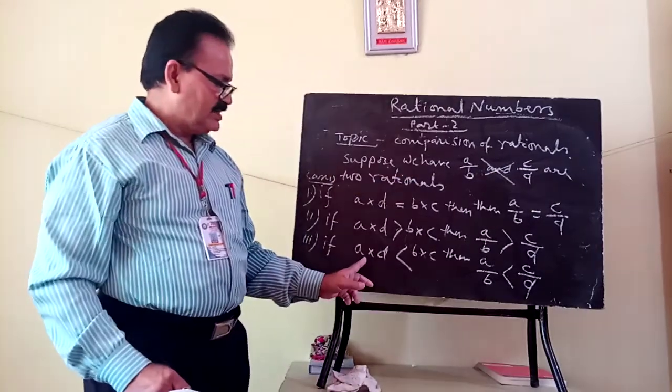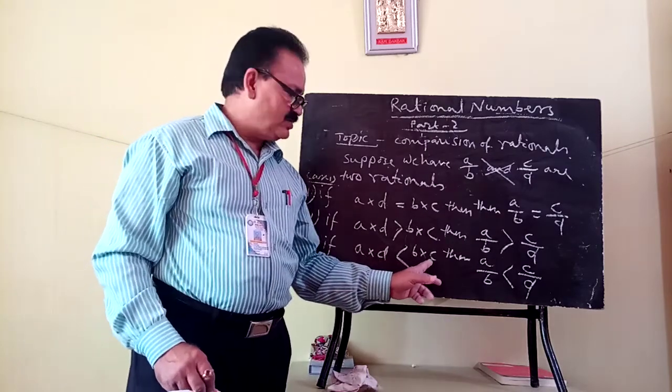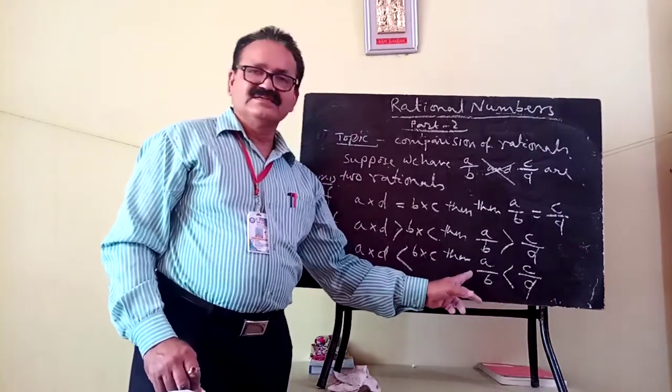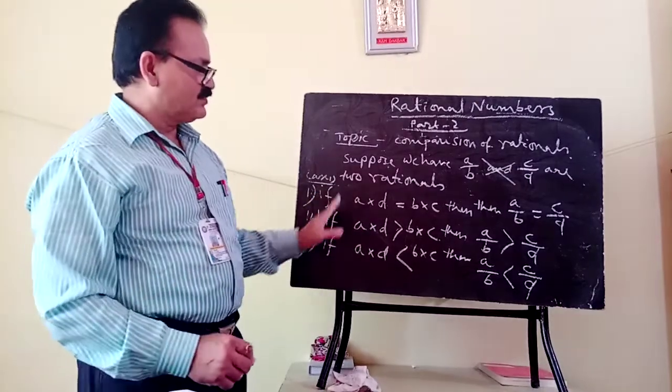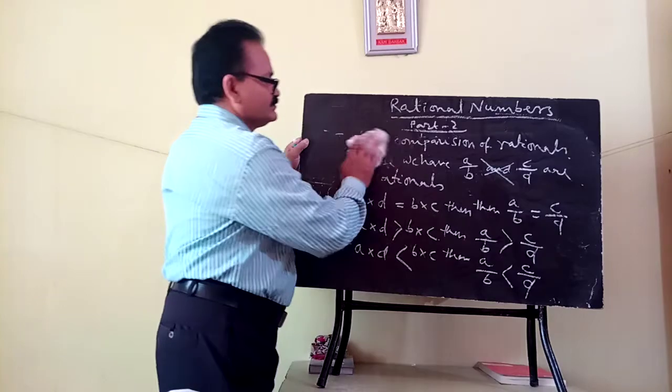So the second rational C by D is greater than the first rational A by B. Okay, in this way we can compare. Okay, should I remove it?